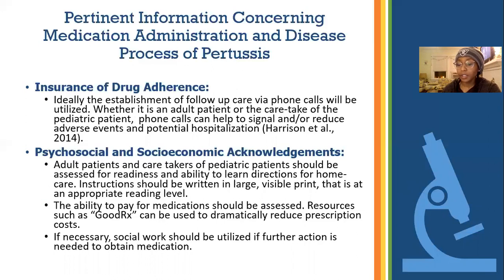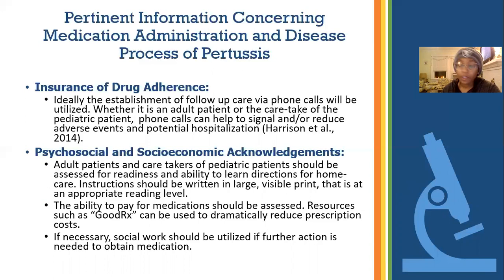If they're an older individual, you may need to have a large print of directions, very clear, using layman's terms. Also, if they're an elderly patient and they have a younger caretaker, like a son, daughter, niece, or nephew, you just want to make sure that all parties are on the same page, so everybody's following the same directions.